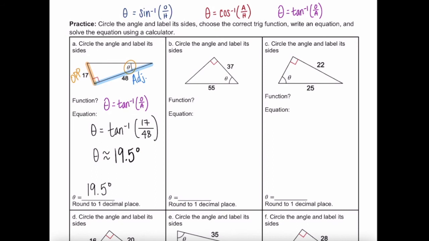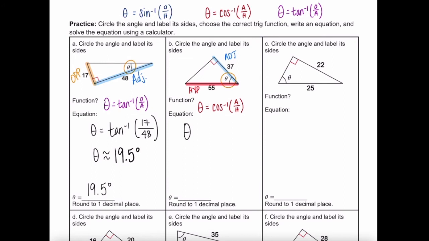All right, let's take a look at problem B. So our focus angle here is theta, and it looks like this time we are given the length of the hypotenuse, 55, and the adjacent side, 37. So which function are we going to use to solve for theta here? Since we're given adjacent and hypotenuse, we're going to use our inverse cosine function.